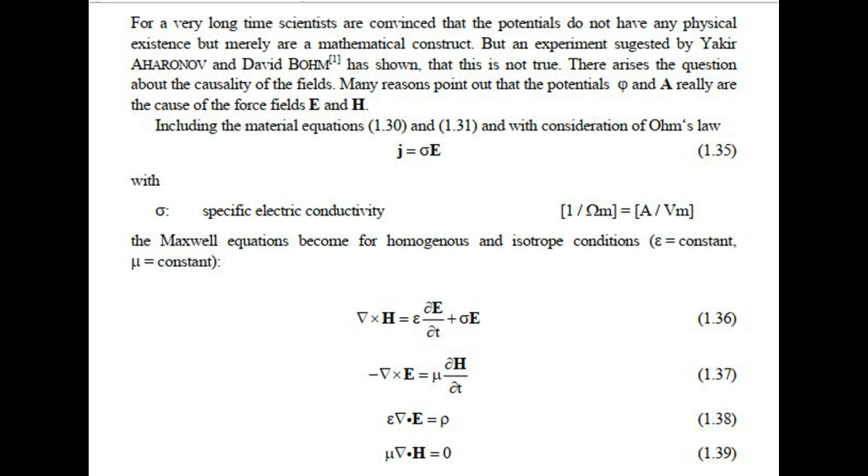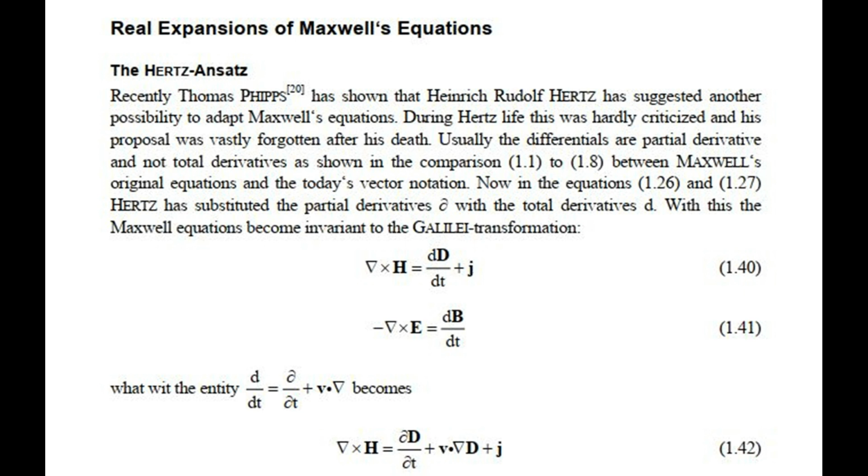The Hertz ansatz. Recently Thomas Phipps has shown that Heinrich Rudolf Hertz suggested another possibility to adapt Maxwell's equations. During Hertz's life this was hardly criticized, and his proposal was largely forgotten after his death. Usually the differentials are partial derivatives and not total derivatives, as shown in the comparison, 1.1 to 1.8, between Maxwell's original equations and today's vector notation.